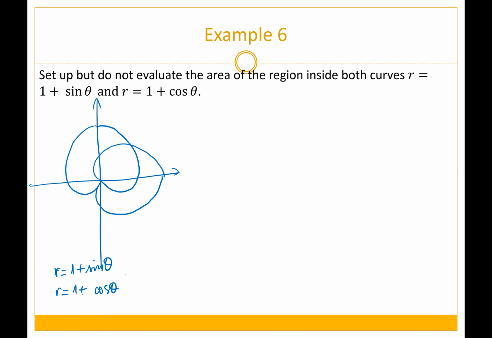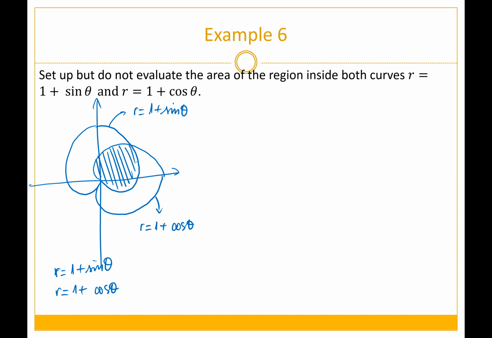And when theta equals pi over 2, you have r equal to 2. So this curve is r equal 1 plus sine theta, and this curve is r equal 1 plus cosine theta. And so the region inside both curves is this region.